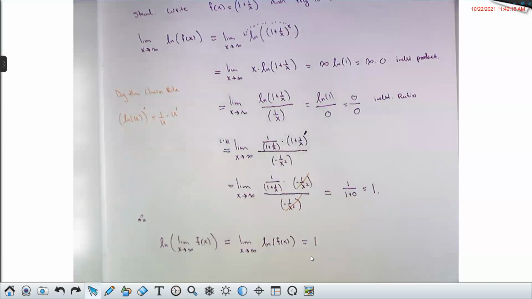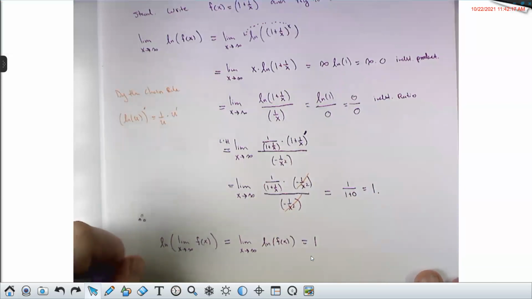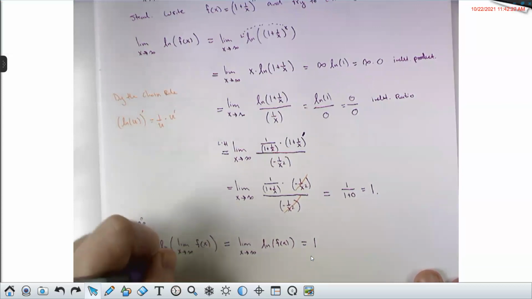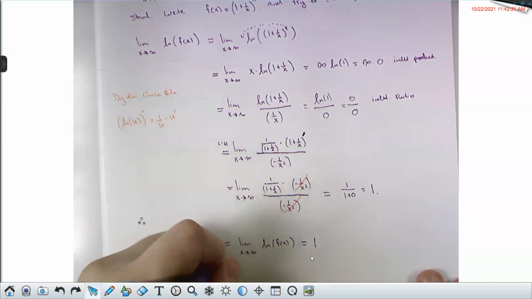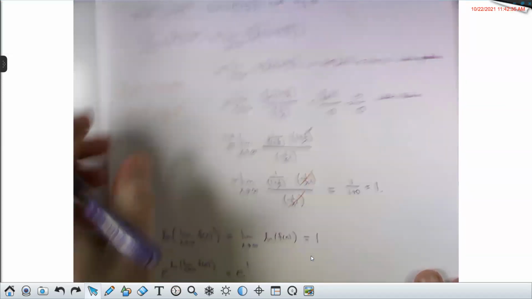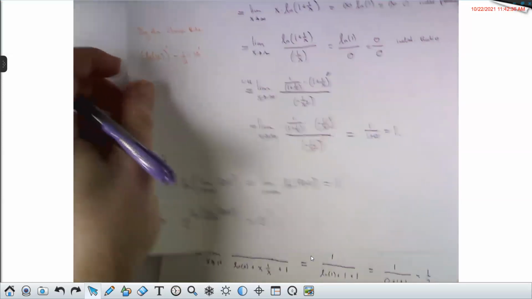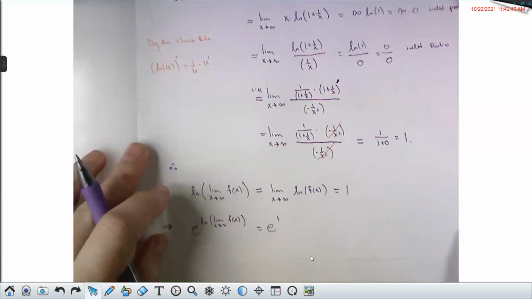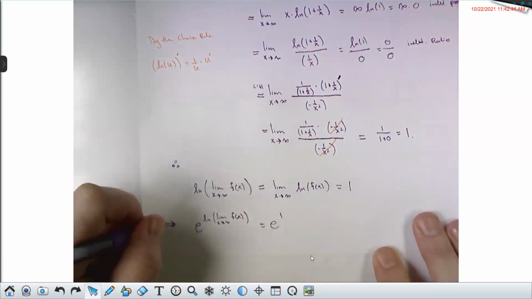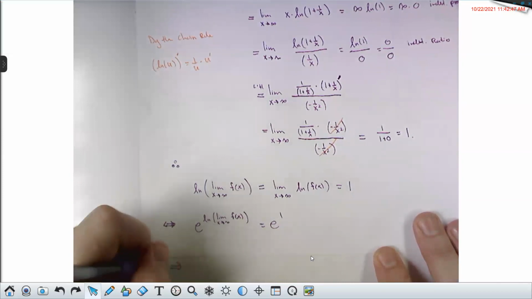So now if you exponentiate on both sides, you get e raised to the power of the natural log of the limit as x goes to infinity of f of x is equal to e to the 1. But the object on the left here, e raised to the ln of some stuff, is just that stuff.